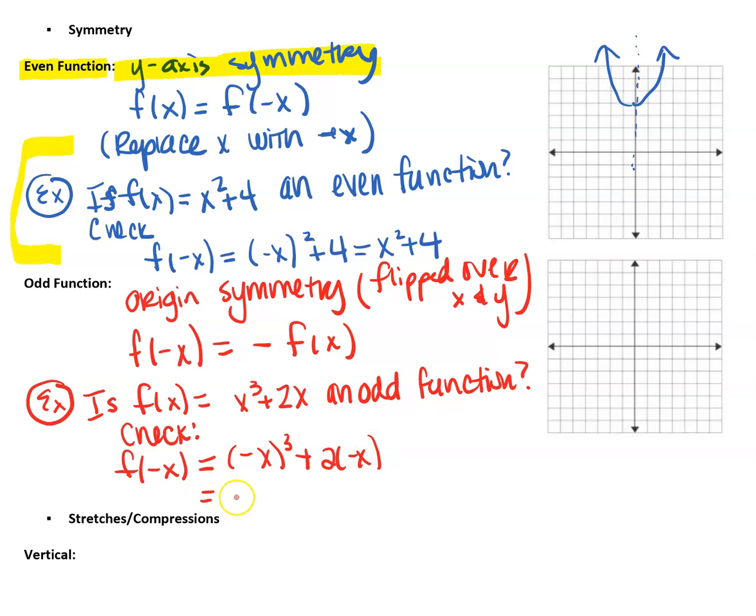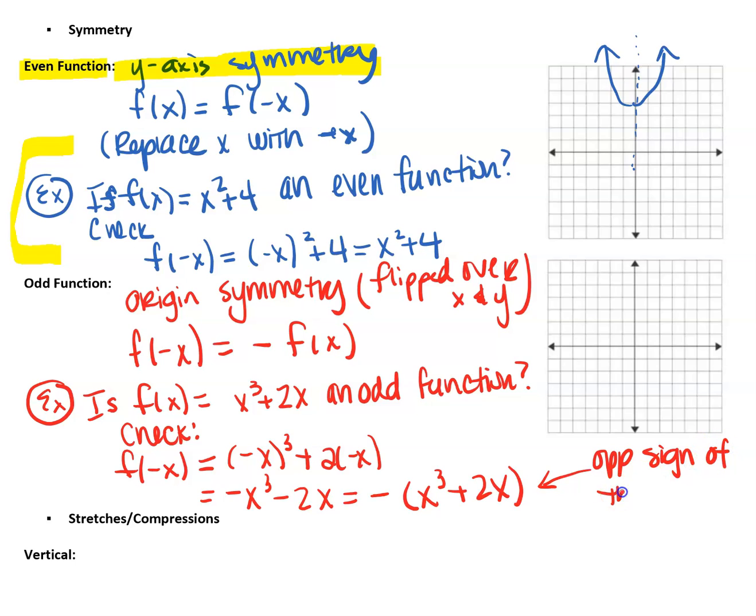Negative x cubed would give me 3 negatives still when I cube it, so that's negative x cubed. 2 times negative x would be minus 2x. If I factor out a negative out of both of those terms, I end up with negative times x cubed plus 2x. And so you can see that this is the opposite sign of the original function.